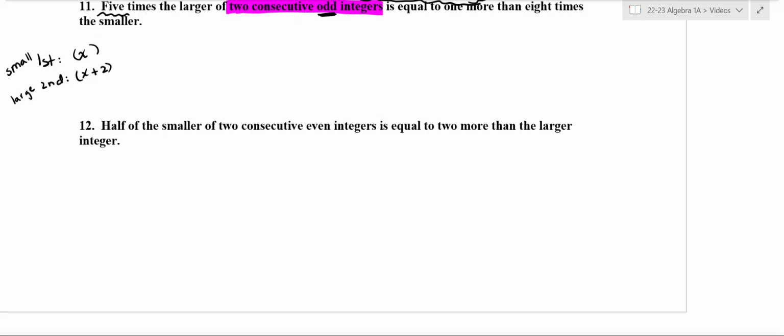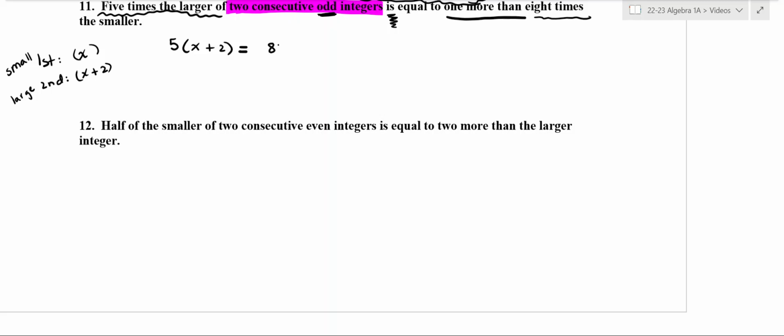All right, 5 times the larger. So that's 5 times x plus 2 right here is equal to 1 more than, so that means we're going to add 1 to 8 times the smallest.